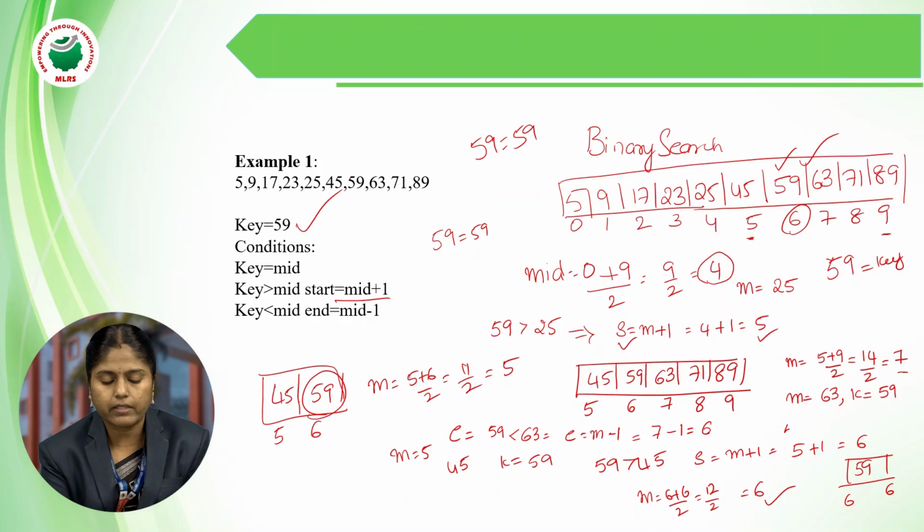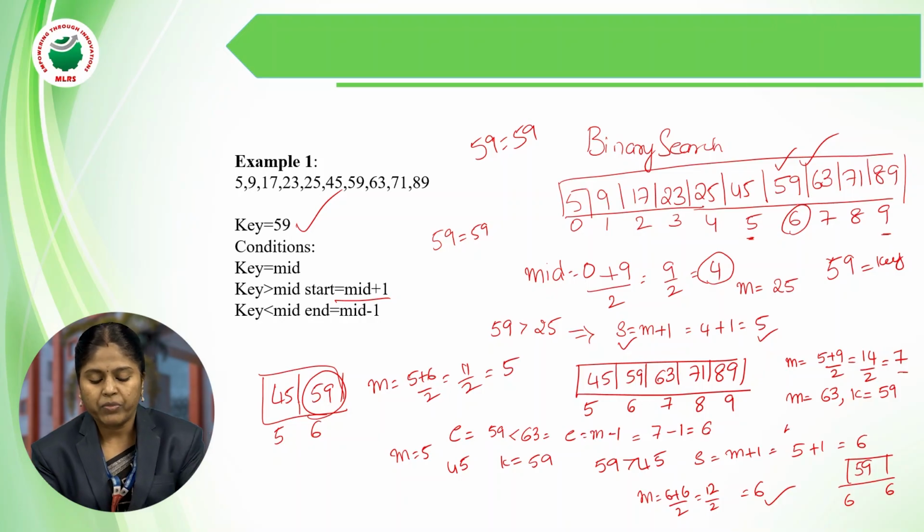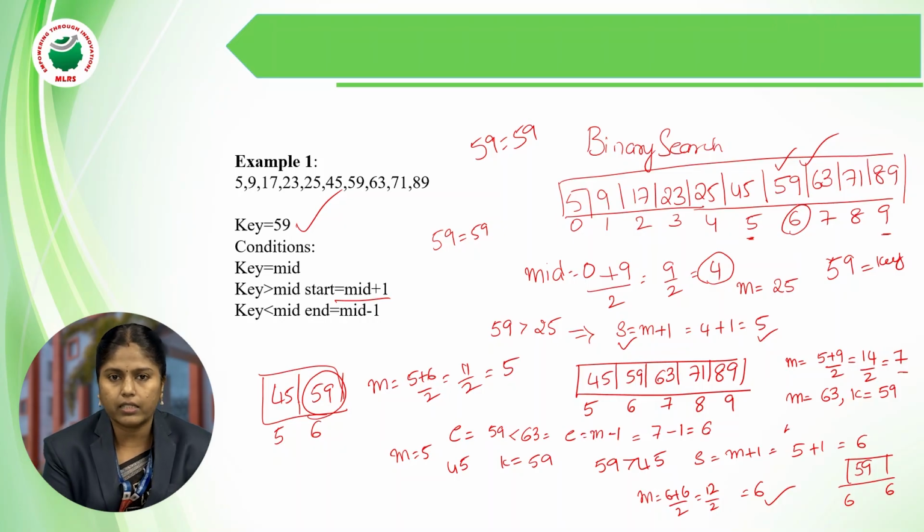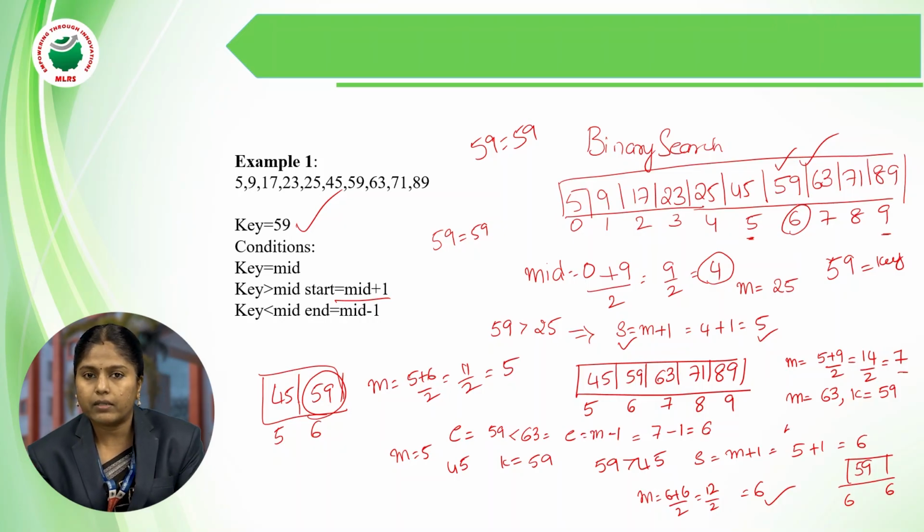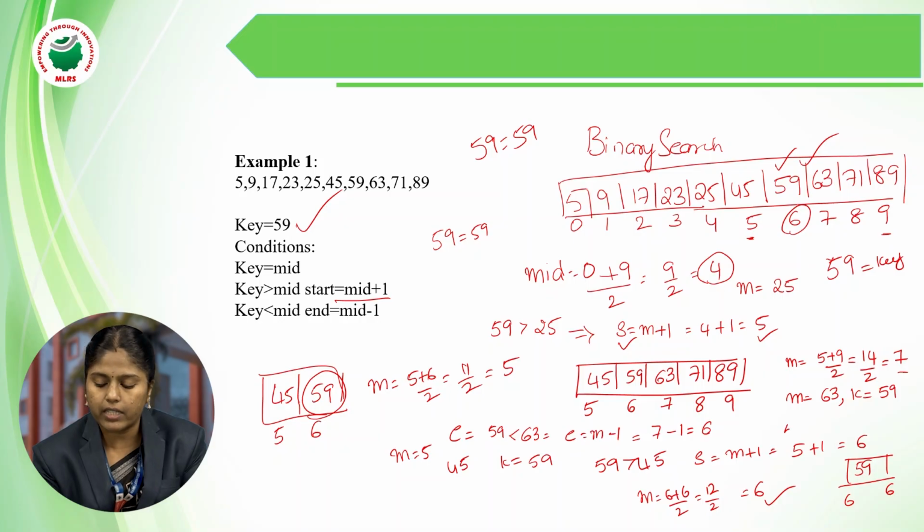If key is less than mid, end is equal to mid minus 1. From these steps, you divide into sub problems, and again you calculate the mid and check the condition, and again do mid plus 1 or mid minus 1. In the end you get the result, until key is equal to mid. Up to that point you have to search through the elements.